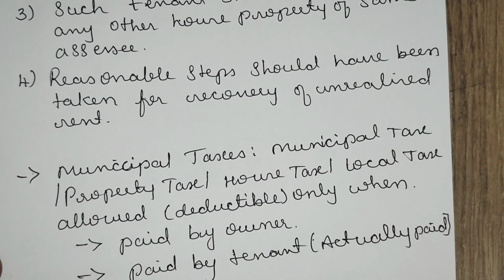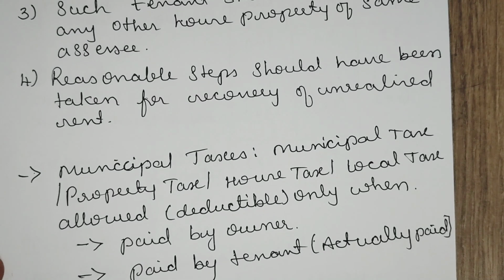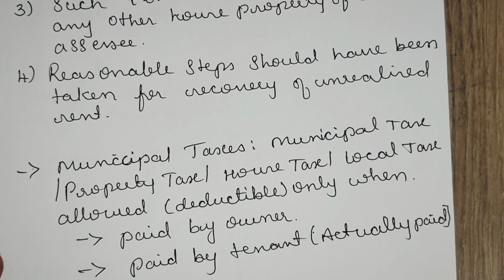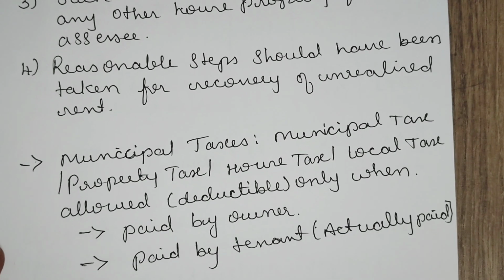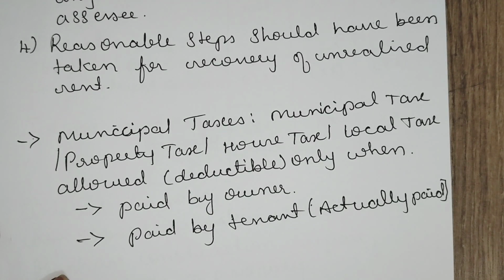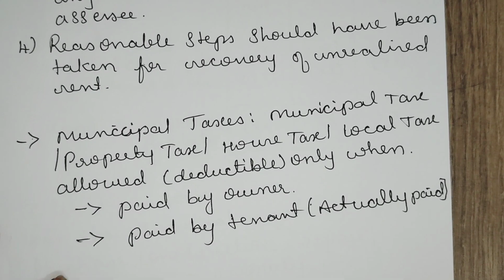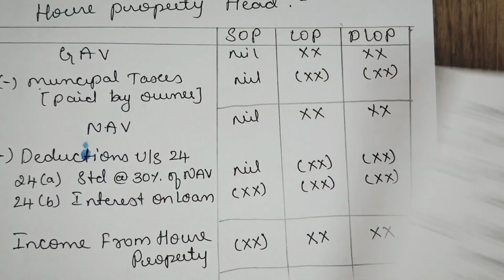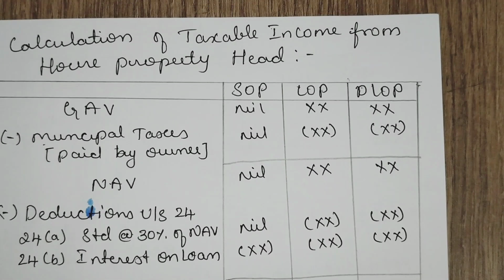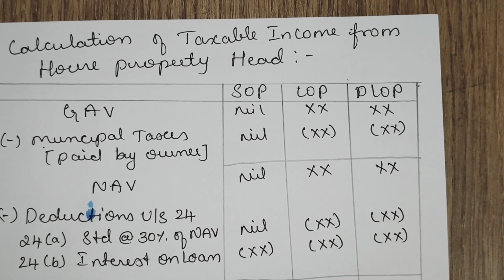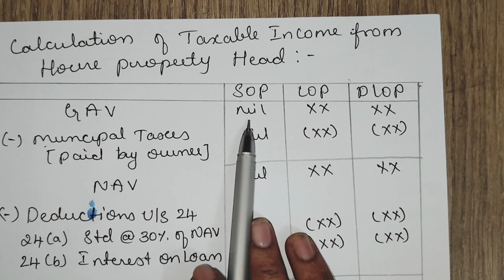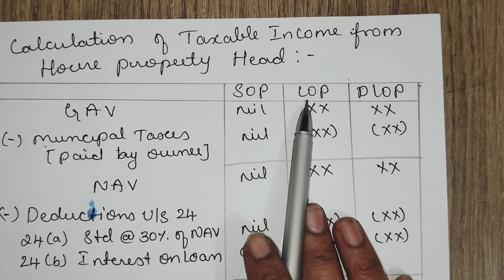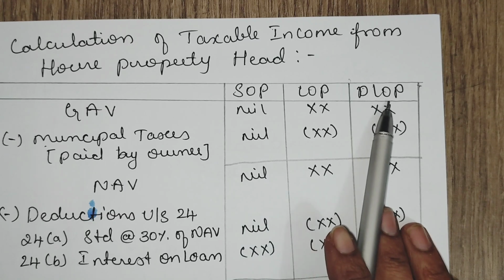Then municipal tax. Municipal tax is the property tax or local tax. Local taxes are allowed as a deduction only when they are paid by the owner. Actually paid amount will be considered. Then calculation of taxable income from house property head. Here we have self-occupied property, let out property, deemed to be let out property.